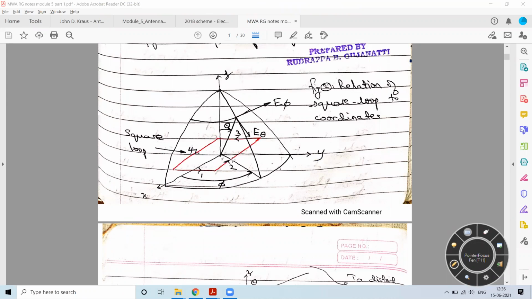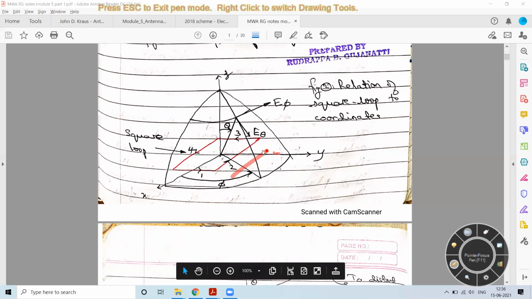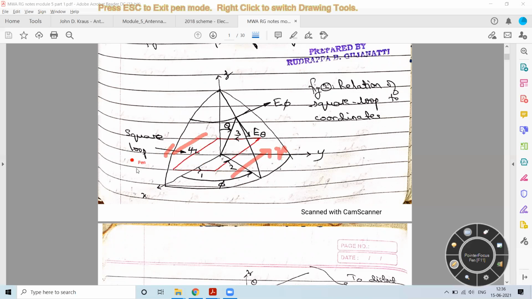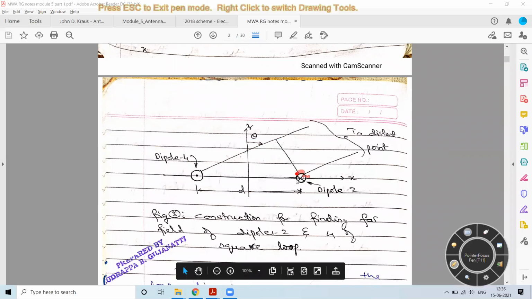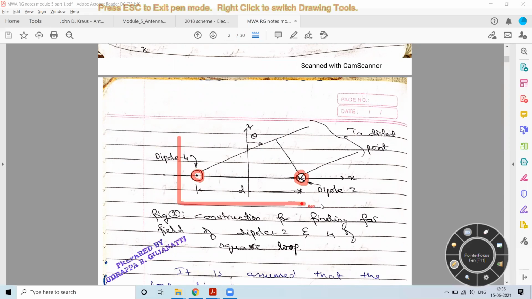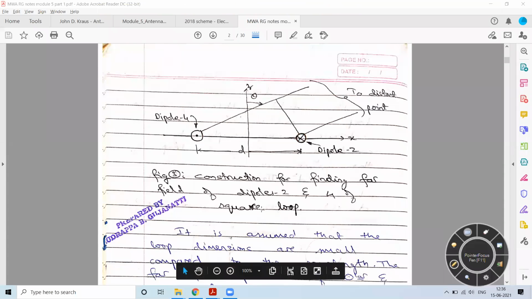I'll specify one as the negative Z direction, this one as the negative X direction, and this one as the positive X direction. Because of that, you have one dipole represented with a cross mark and one dipole with a dot. So this is an array of two sources, and the sources are dipoles. This is how it can be represented.